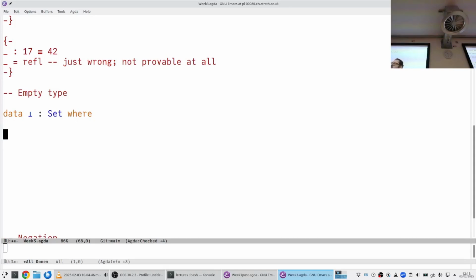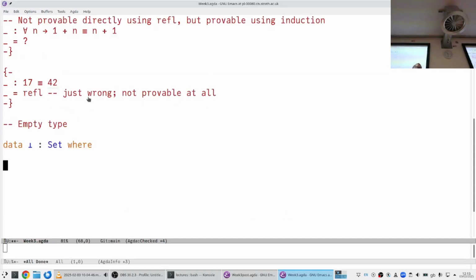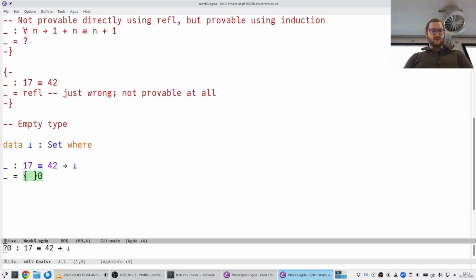And so now we can express what it means for 17 equal 42 to be a completely absurd statement. It's to say that, well, if you give me a proof of that statement, I will give you a value into the empty type. But there's no way to build values in the empty type. So something went wrong if you were able to call this function at some point. And Agda has a really cool mechanism for that.